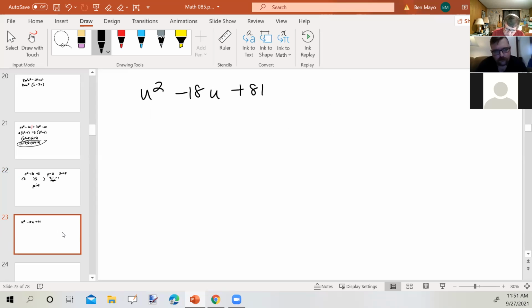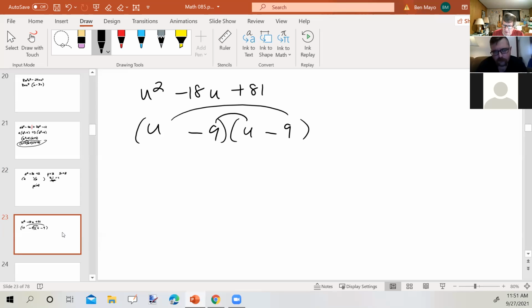Oh, it could be a perfect square because it starts with a square and ends with a square, and there's a plus sign in front. But the middle term's negative, so it'd have to be that. Does that give me minus 18u in the middle? It sure does. So there's the answer, or you could write it u minus 9, the quantity squared. Any questions there?